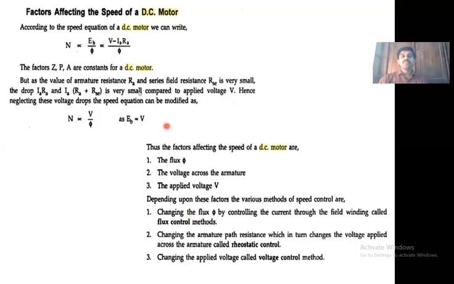First one is changing the flux phi by changing the current through the field winding, which is called flux control method. Another one is changing the armature path resistance, which in turn changes the voltage applied across the armature, which is called rheostatic control. The third one is changing the applied voltage, which is called voltage control method.